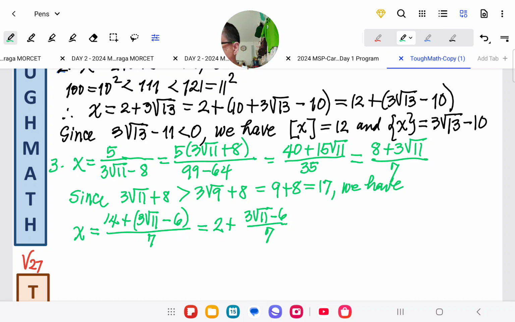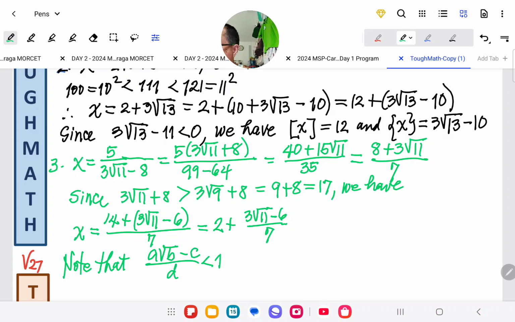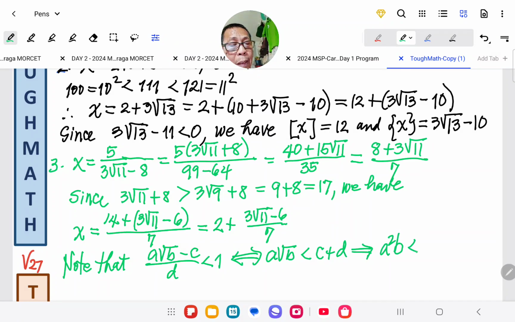And if we again test whether the irrational part is less than 1, we note that a square root of b minus c over d is less than 1 if and only if a square root of b is less than c plus d, and therefore a squared b is less than c plus d squared.